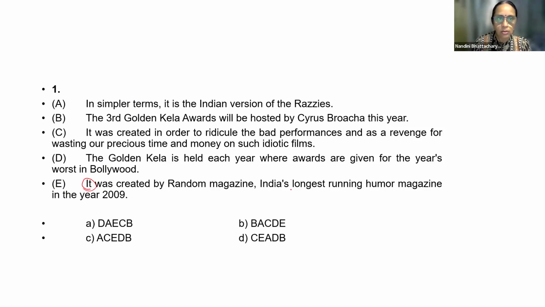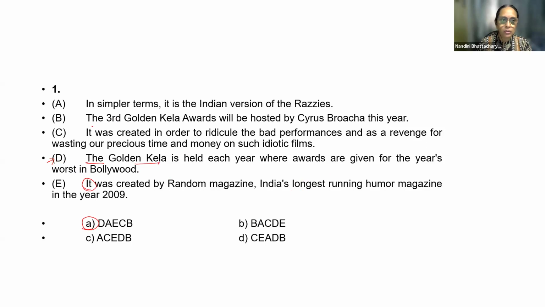What comes before this? DAECB. That is option A. Okay. Shashwat, what do you think? Yes, ma'am. DAECB. So D is introducing the Golden Kela, which is held each year.